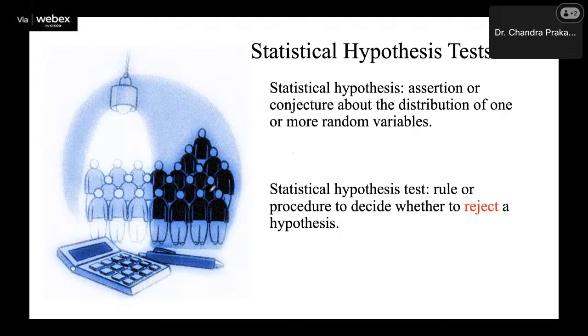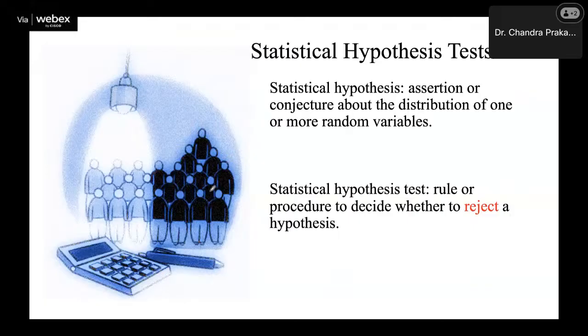For that we have statistical hypothesis testing. So first, what is a hypothesis? A hypothesis is a particular statement that we consider: based on my particular study, I will try to identify whether this particular medicine has a positive effect or a negative effect, right?